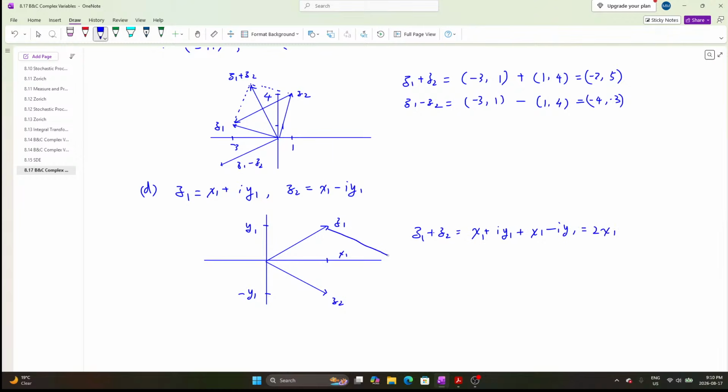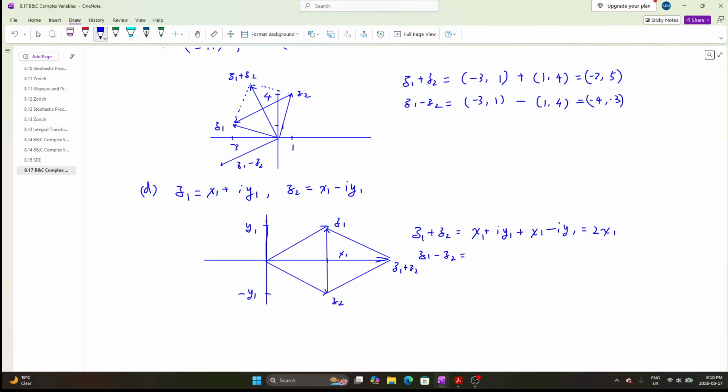So that's a real number, like this. Okay, this is z1 plus z2. And z1 minus z2 goes like this. So that's a vertical vector.